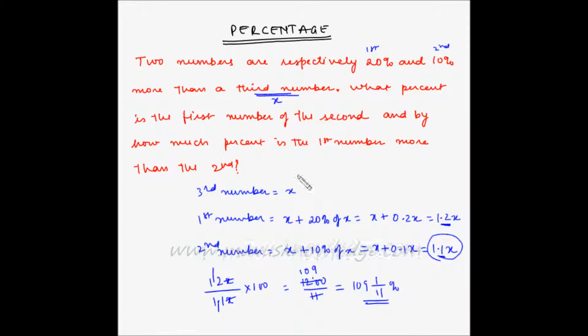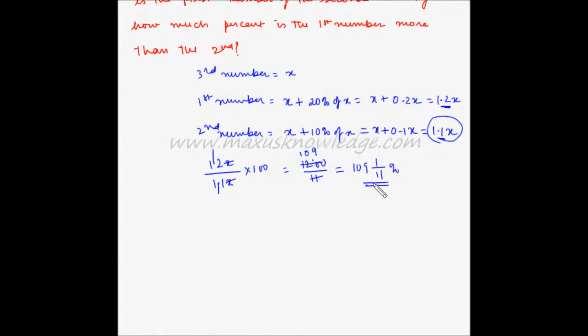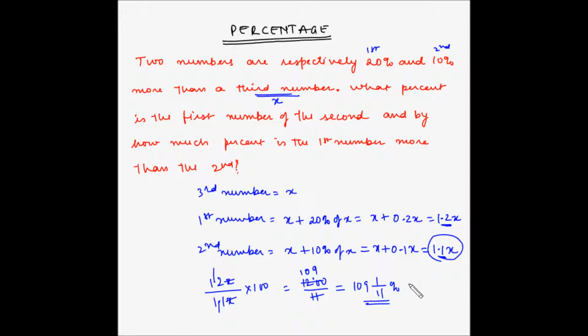Now we have to find how much percent the first number is more than the second. So if the first number is 109 1 by 11% of the second, basically what we are saying is, this is the first number and the second number will be 100%.